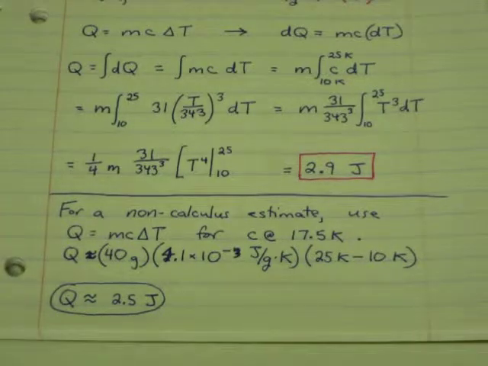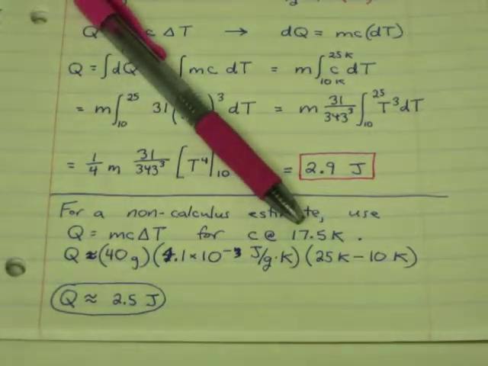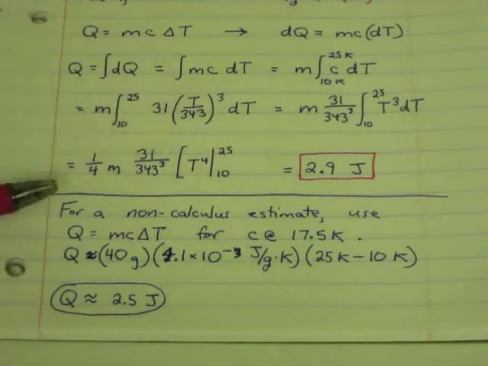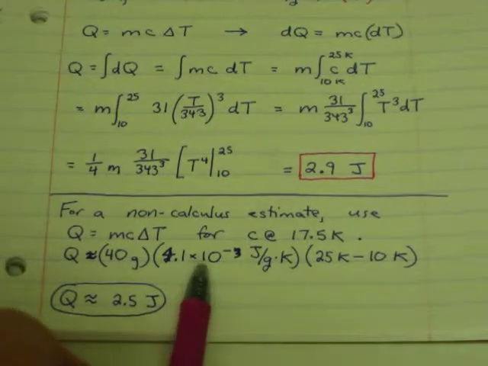The average of 10 and 25 is a temperature of 17.5 Kelvin, and that would actually be right if specific heat were linearly related, but it's not, so it'll be a crude estimate.